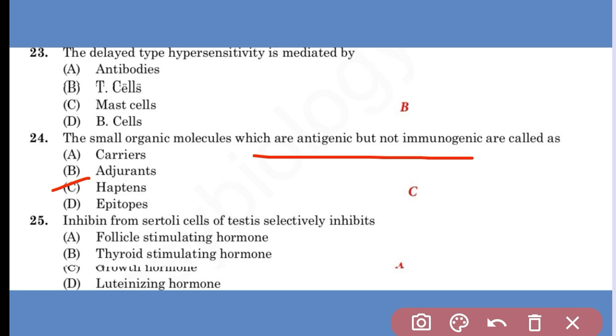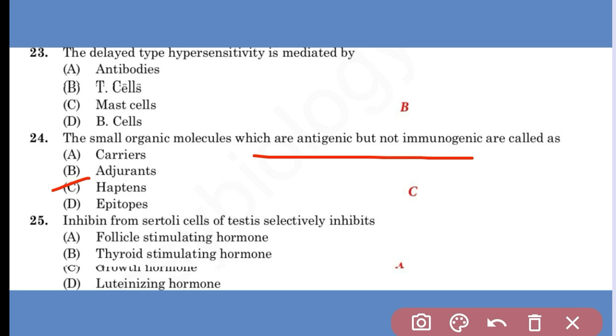Many small molecules such as toxins, drugs and hormones are not capable of invoking the immune system when injected directly into animals. They are thus not immunogenic, but they are also called haptens.